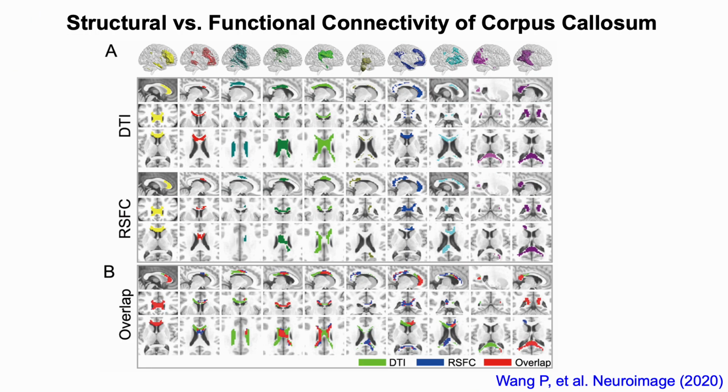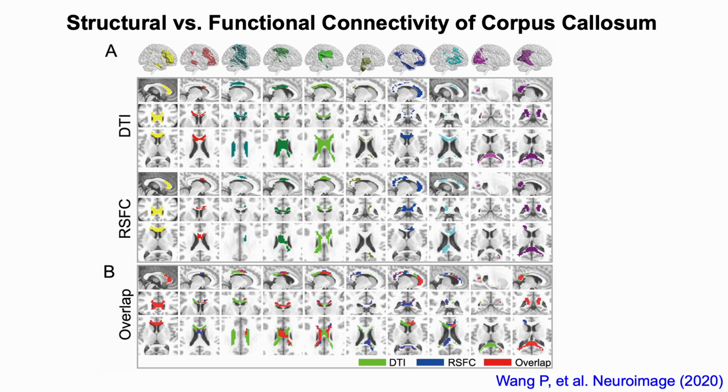And because the Human Connectome Project also had the DTI data, and the corpus callosum has been widely described using DTI, we mapped the corpus callosum into the specific subregions, and this is showing the DTI region corresponding to the resting state region for each of the subregions of the corpus callosum.